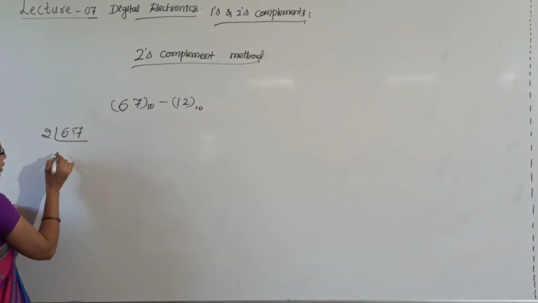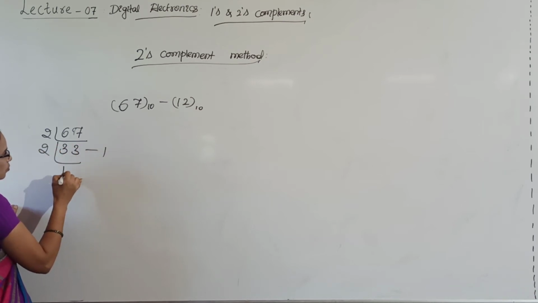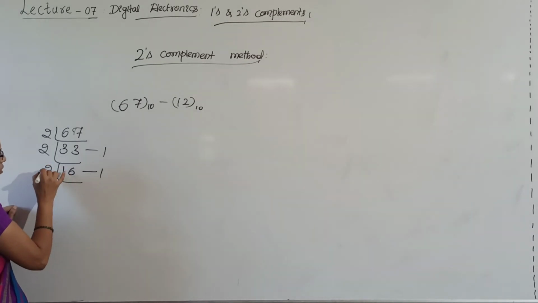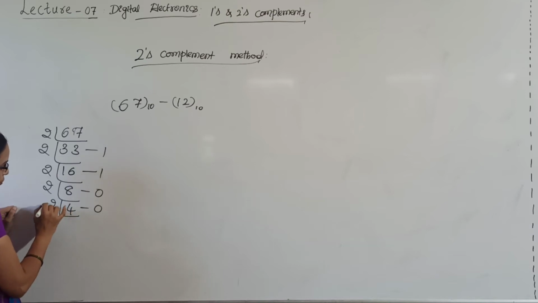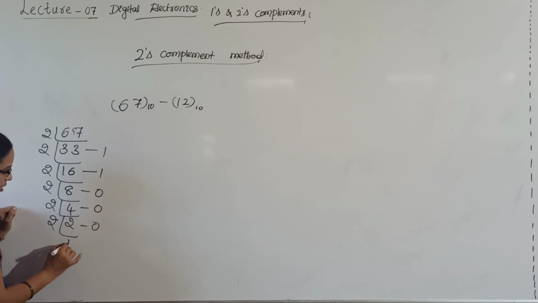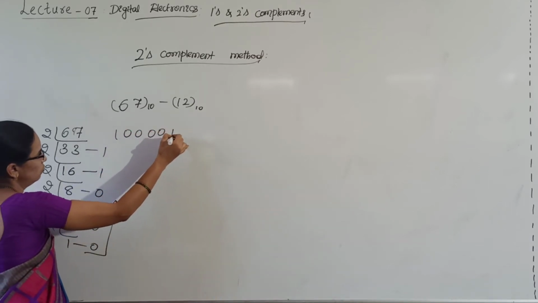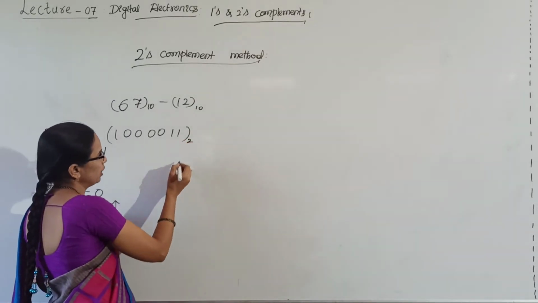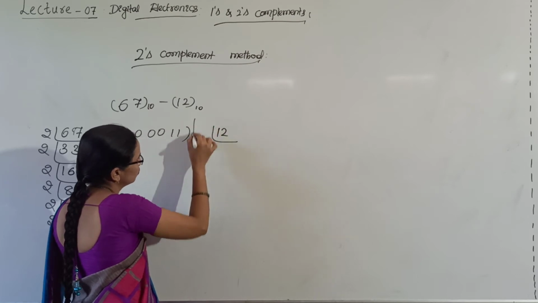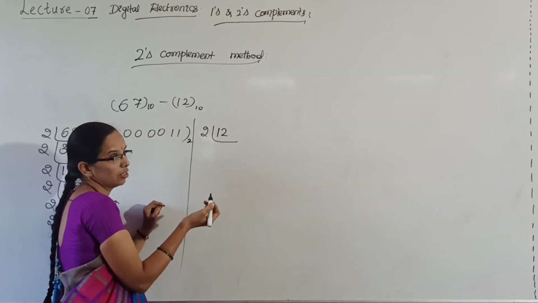We will convert 67 into binary. 1 is the remainder, 1 is the remainder, 0 is the remainder, then 2 2's are 0, 2 1's are 0, then it is 1000011. It is the binary of 67. Next is 12. You already know 12 will be 1100. For your convenience I will do it.